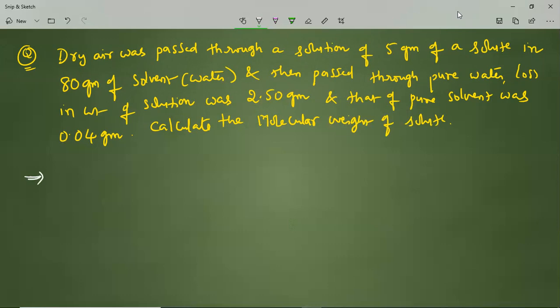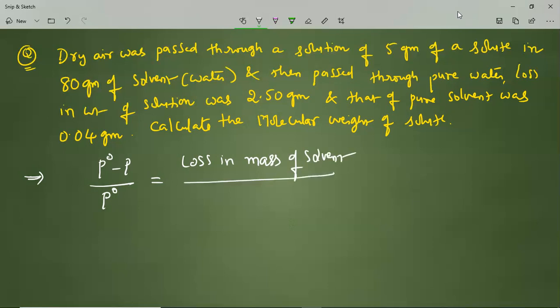As with the previous experiment, what we have noticed is P naught minus P by P naught is equal to the loss in mass of solvent divided by the loss in weight of solution, or we can say the gain in weight of the dehydrating agent U tube. So the loss in the weight of solvent is how much from the problem? 0.04.